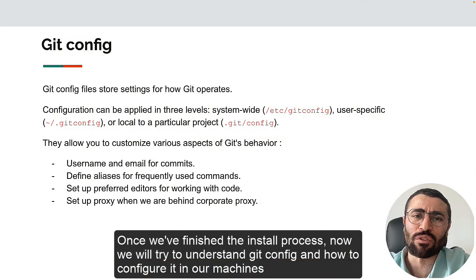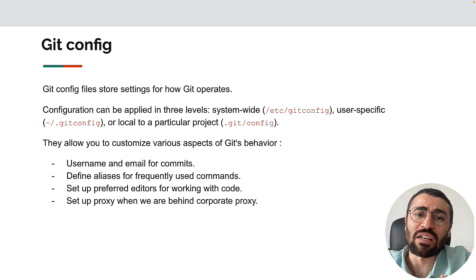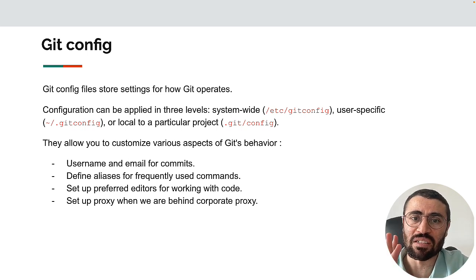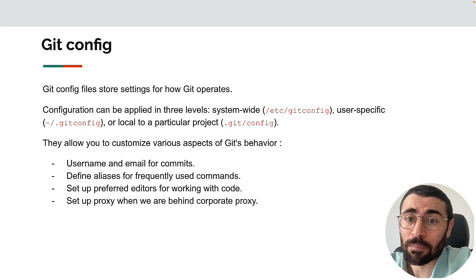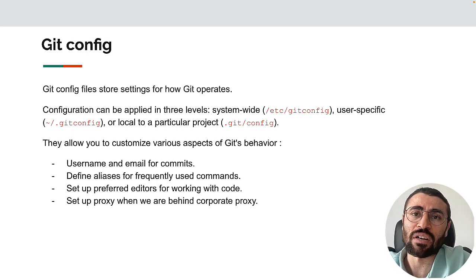Once we've finished the install process, now we will try to understand the git config file and how to configure it on our machine. The git config file stores settings for how Git operates. The configuration can be applied at 3 different levels. First, the system-wide level, which is stored in the /etc/gitconfig file.